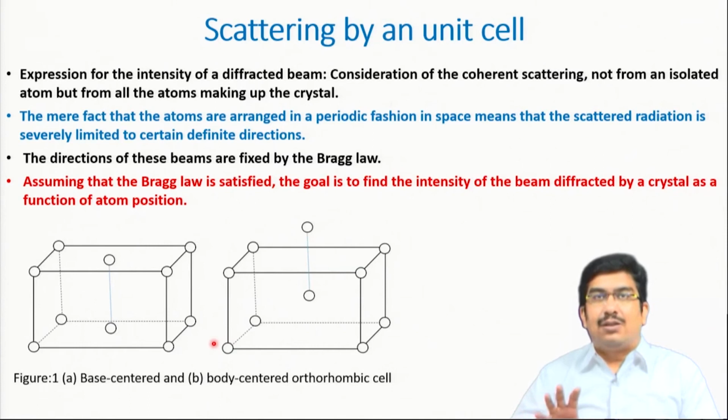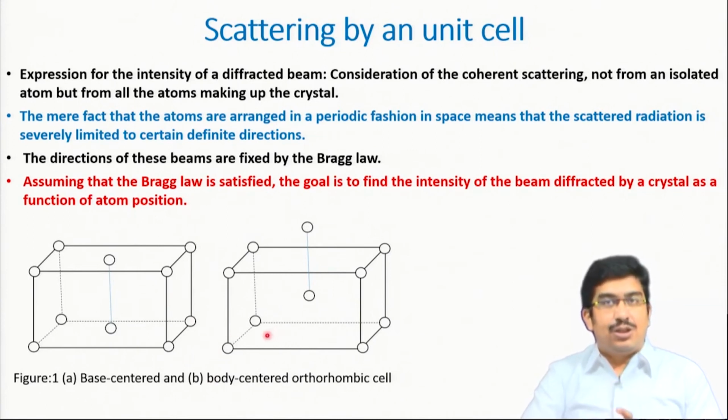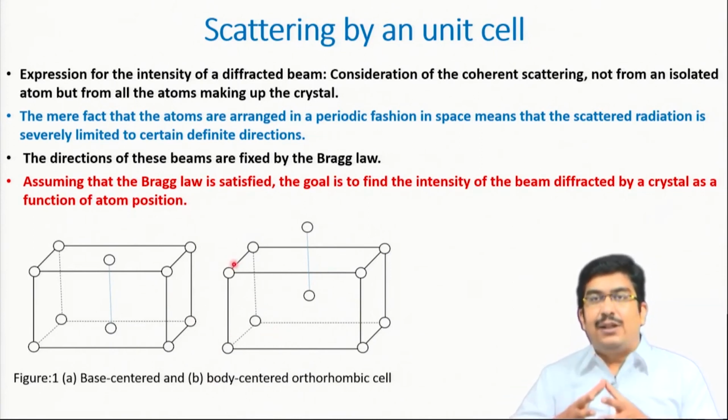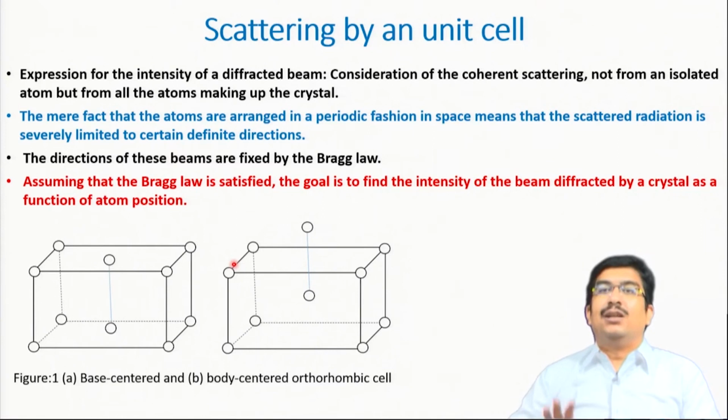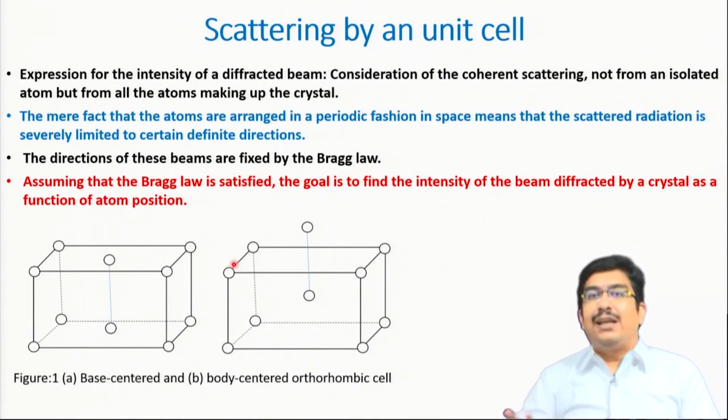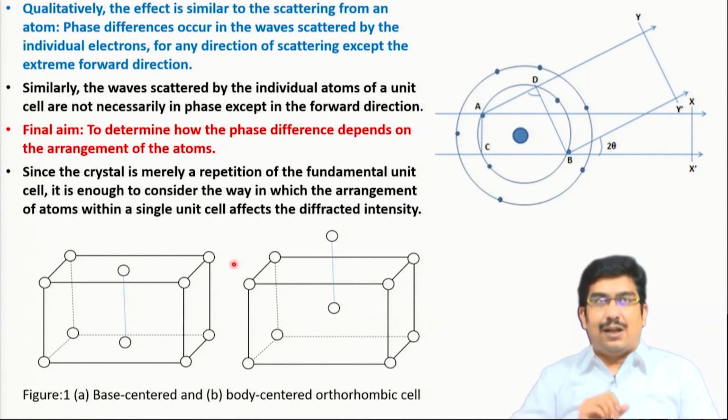The goal here, when we calculate scattering by a unit cell, is to find out the intensity of the beam diffracted by a crystal as a function of its atomic position. So the final expression will contain the diffracted beam intensity with respect to the atomic position. If we can derive such an expression, it will help us understand the intensity of the diffracted beam from any unit cell in terms of the atomic position. That is what we will try to derive here.